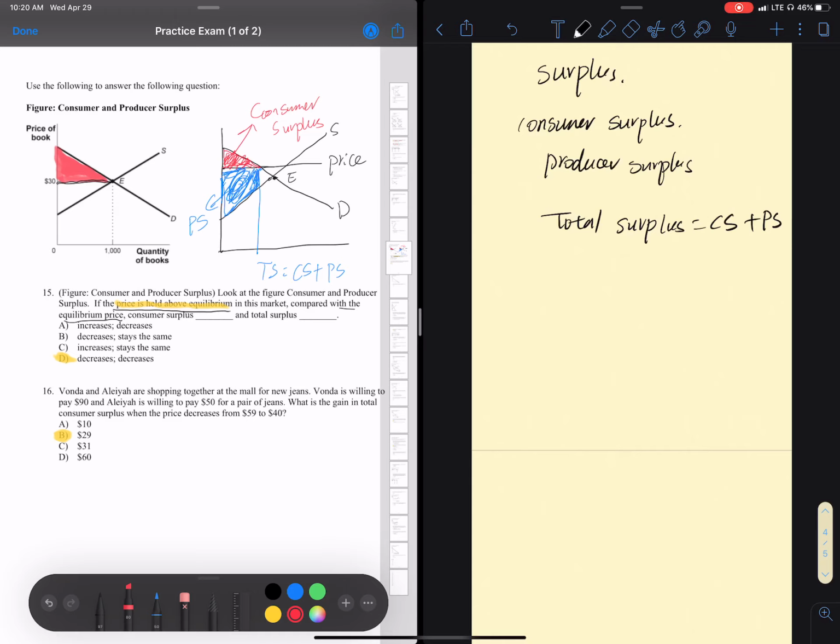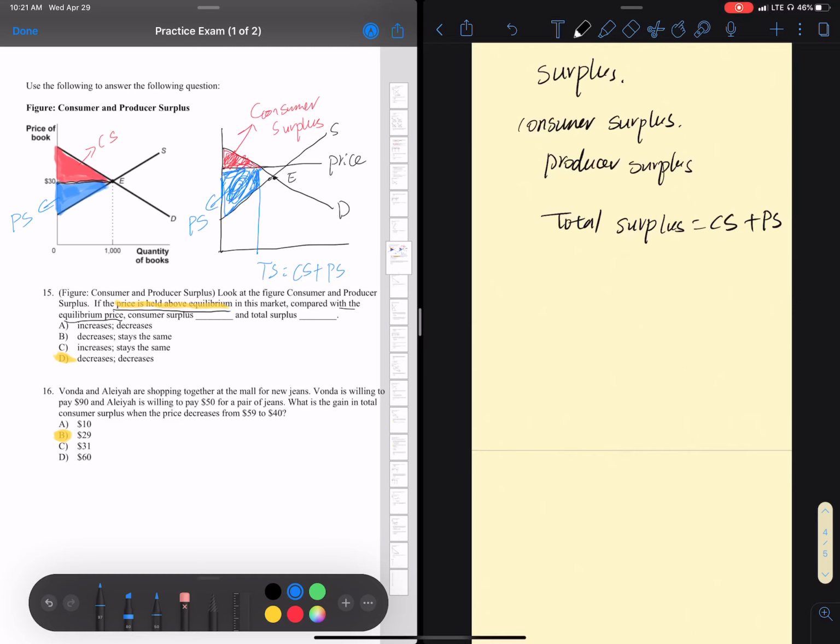This one. Where is your producer surplus? The triangle below. So from here you can see this is your consumer surplus. This will be your producer surplus.